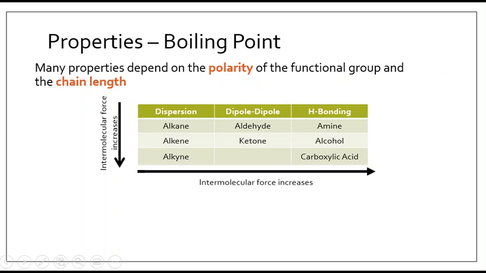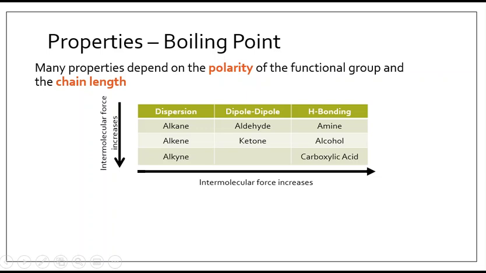So obviously dispersions are the weakest, dipole are in the middle, and then hydrogen bonding ones get the stronger forces in general. The aldehydes and ketones, also some of the other ones like the esters and the ether and other ones, they fall in the dipole category.